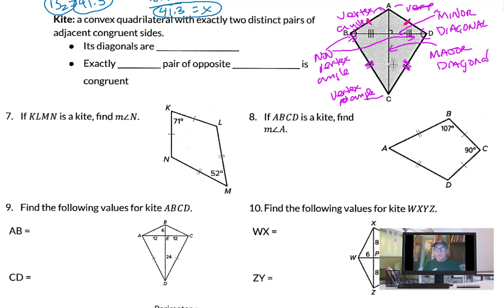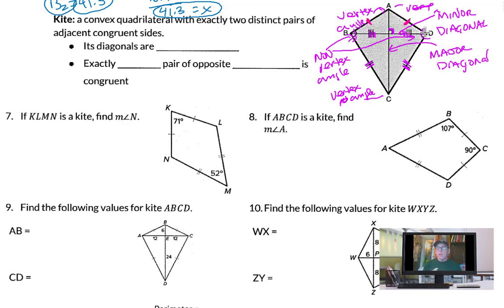The major diagonal, the long diagonal, bisects the minor diagonal. So this major diagonal here bisects this shorter diagonal. That's why we can mark it as this piece is congruent to this piece. Also, it is a perpendicular bisector of the minor diagonal.